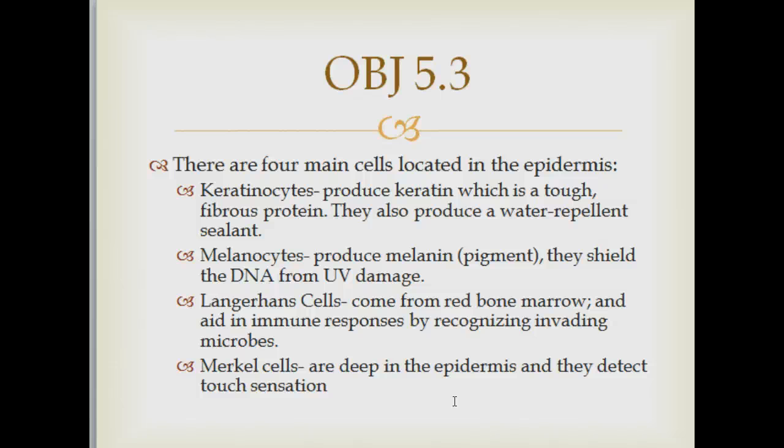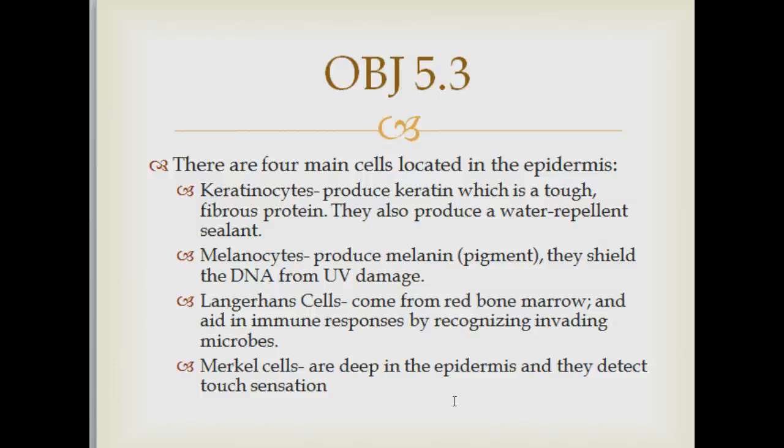The melanocytes will, of course, produce melanin, and we can have melanin from a yellow-red color to a brown-black pigment. They absorb UV. They shield the DNA. Very important for that. We don't want our DNA damaged. Langerhans cells, again, come from the red bone marrow, and they aid in immune responses.